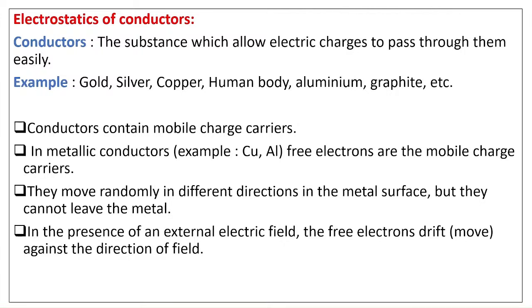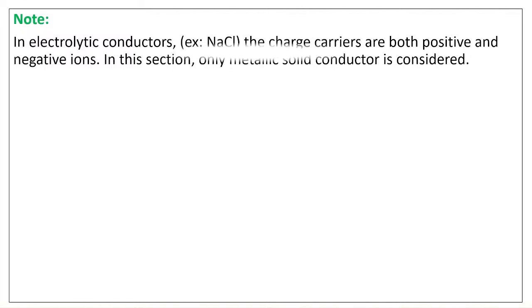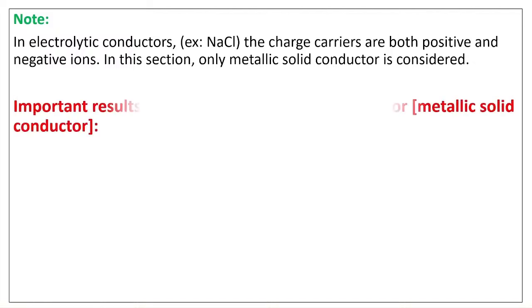In the presence of an external electric field, the free electrons drift, move, against the direction of field. Note: in electrolytic conductors, example NaCl, the charge carriers are both positive and negative ions. In this section, only metallic solid conductor is considered.